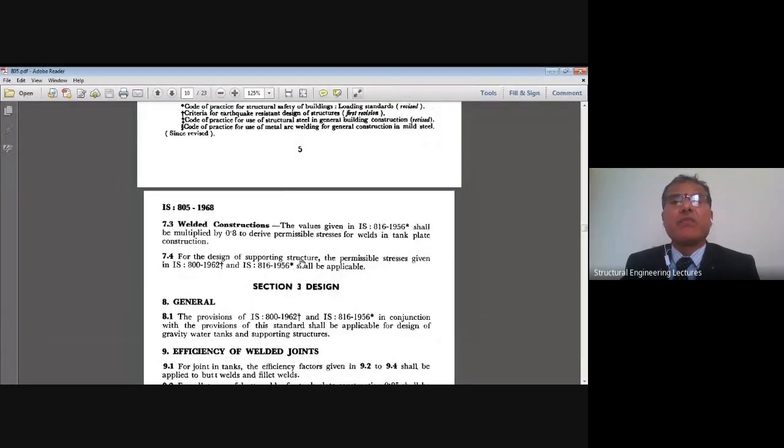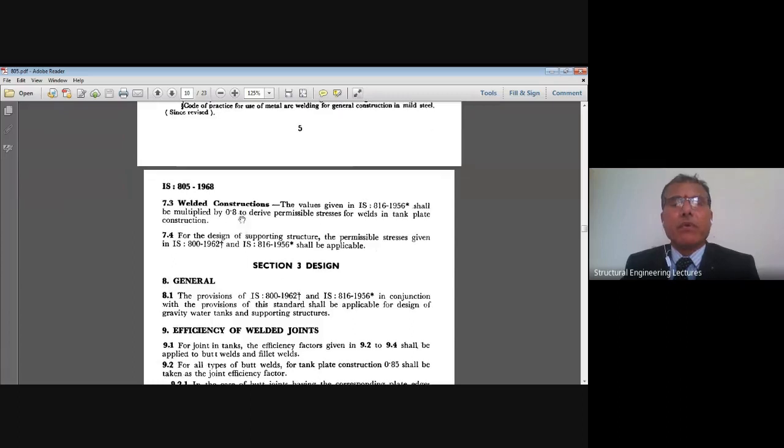And furthermore, even for welded connections, the code says you refer back to IS 816, and if that welded connection is also submerged in water, then you reduce the stresses by 20%.